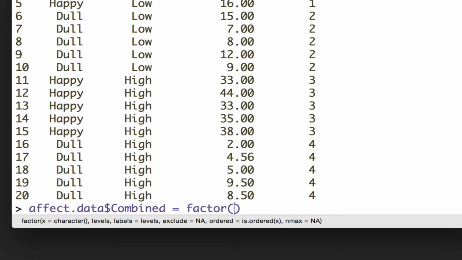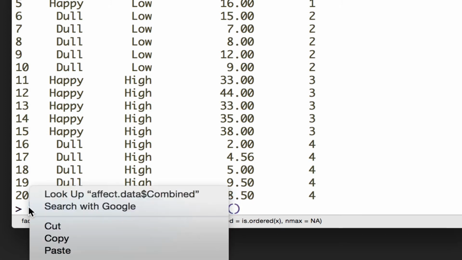Well, we're going to use the numbers that are already there, so I'm just going to copy our reference to the combined factor, because that's where the relevant numbers are stored.